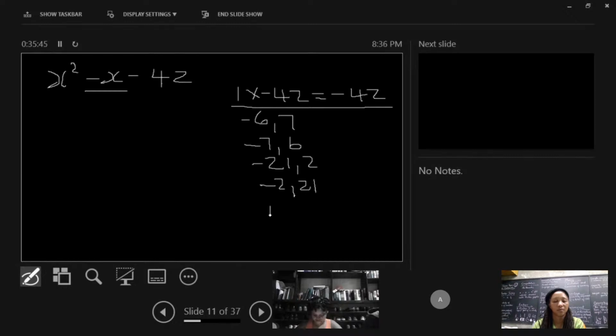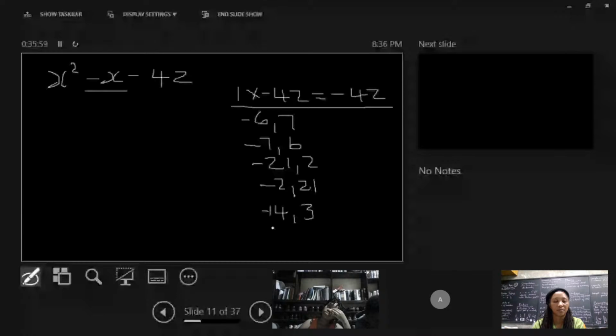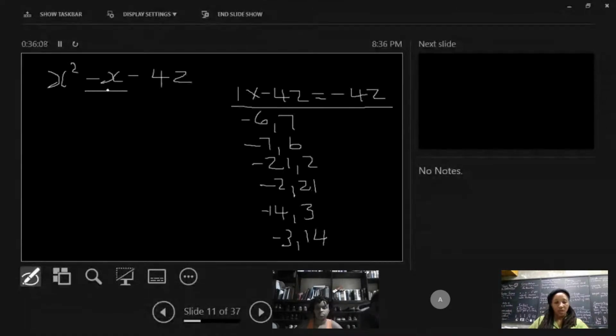Negative 14 times 3. And negative 3 times 14. Do you see any of them yet that would add to give negative 1? Because once you find it, you don't have to list out all of them. That would take up a lot of time.